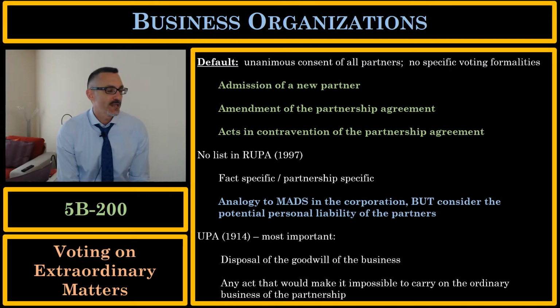Any act that would make it impossible to carry on the ordinary business of the partnership, any act that would effectively draw the partnership to a close, would make us unable to carry on our business, this is an extraordinary matter and would naturally require the unanimous consent of all the partners, unless the partnership agreement said otherwise.